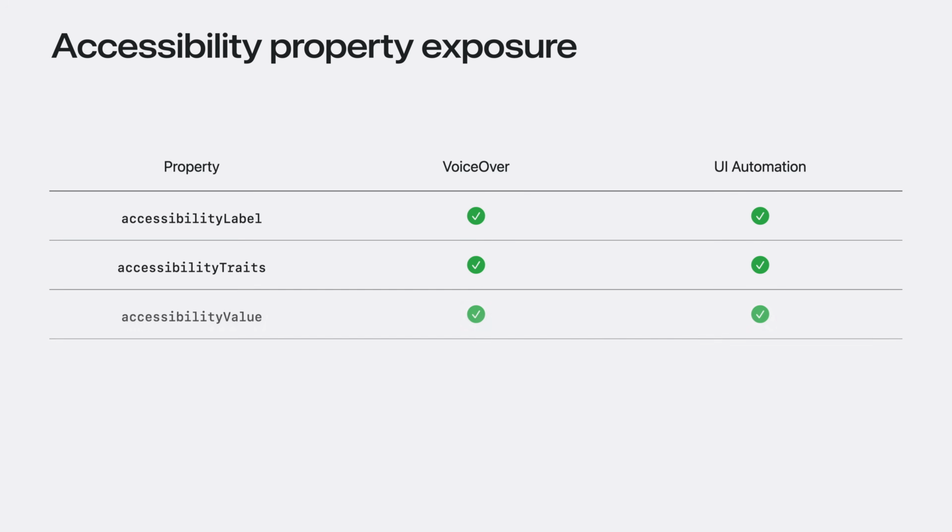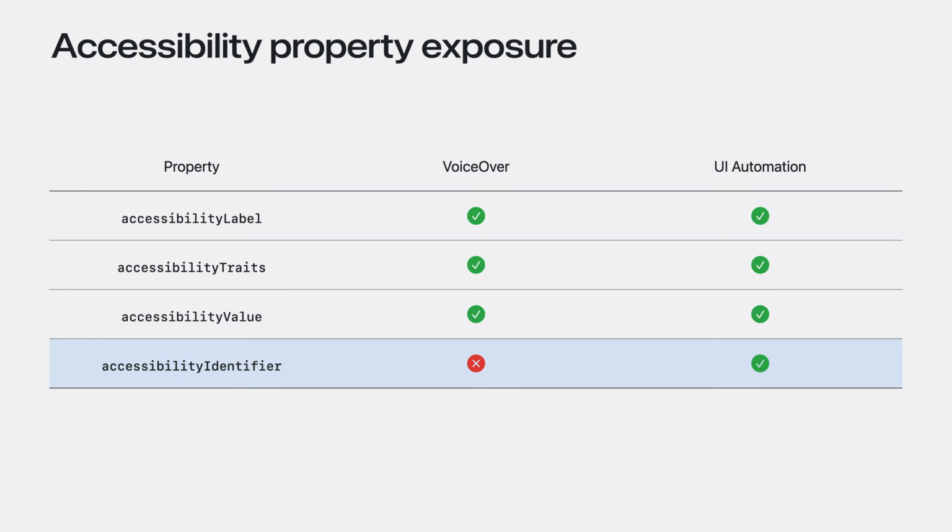Properties like accessibility label, accessibility traits, and accessibility value are useful to assistive technologies like VoiceOver and are also useful to UI automation. However, the accessibility identifier property is not read out loud by VoiceOver and is not exposed to anyone using your app. This makes it a useful way to provide information that is only useful to automation, like the index of a table cell or the symbol name of an image.